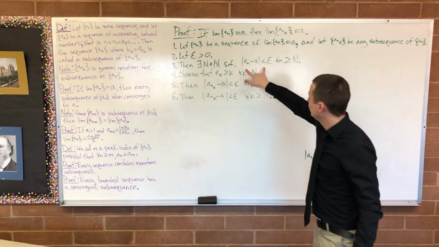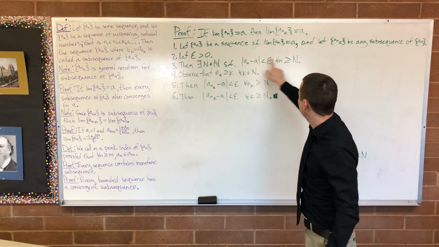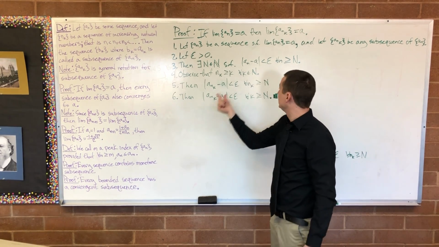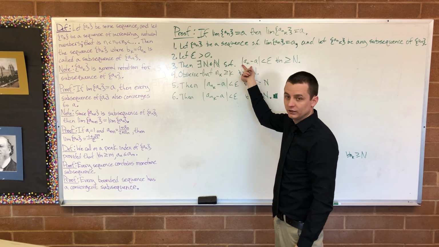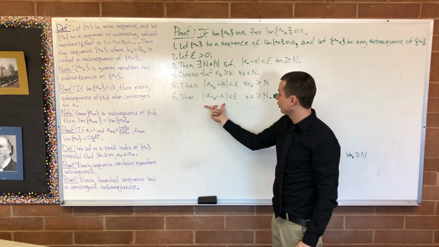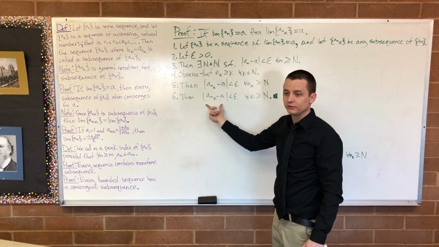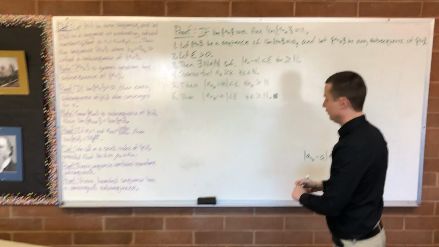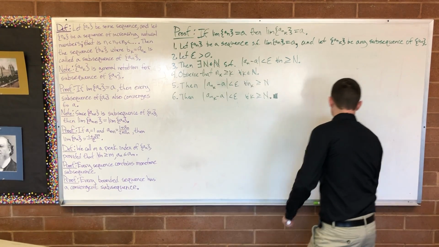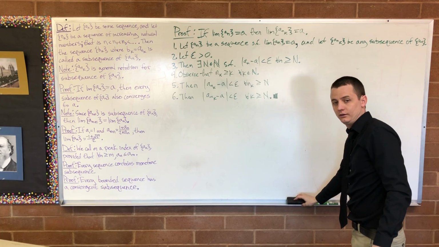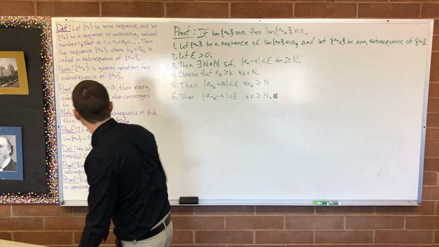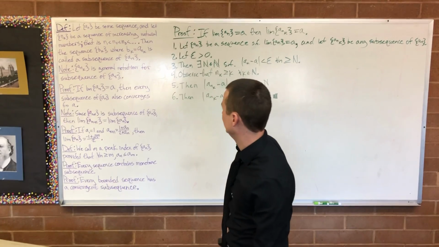Since this inequality is true for all a sub n from big N onwards, and since this term is always going to be as far or further in the sequence than this term, then all these terms are going to be further in the sequence or just as far, right? You see what I'm saying there? So we're good? Okay. It's not that complex of a proof, so if anything feels weird, we can hammer it.